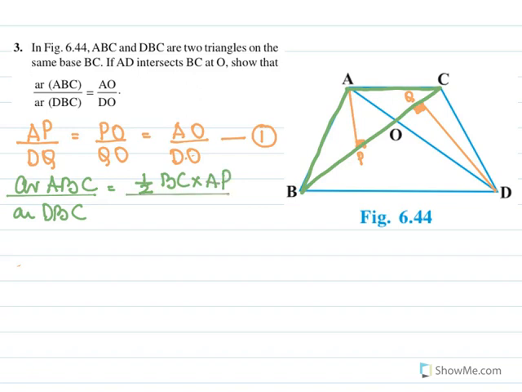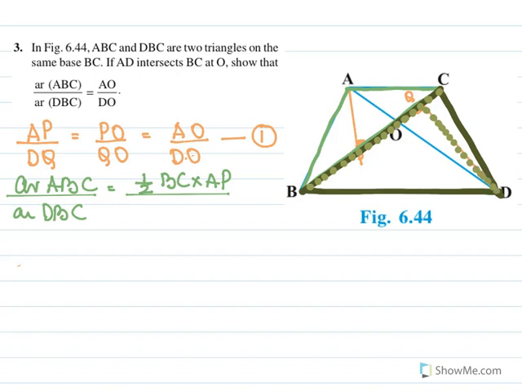Now we go to the other triangle DBC. Now triangle DBC is here, this is DBC. Here also area is half base into height. So the base here is the same base. BC is the base of the triangle, and this is the height of the triangle.